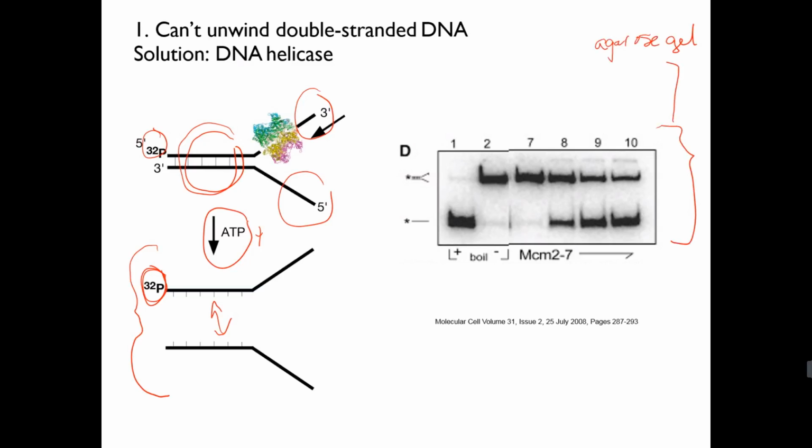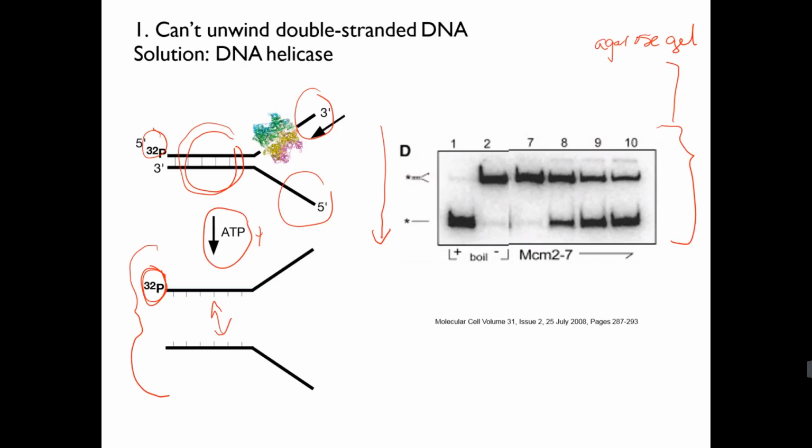And the direction of migration would be as the arrow presents, so moving downward through the gel. And the idea is that double-stranded DNA is going to migrate slower through the gel than the single-stranded product DNA. And then we can identify who's where by virtue of the P32 radioactivity.